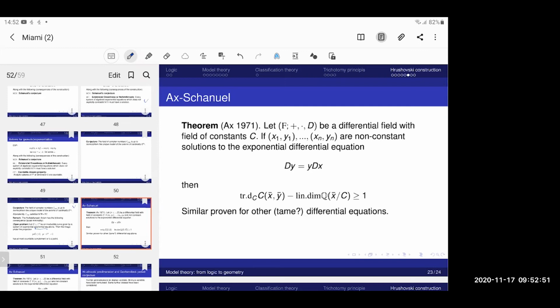So instead of exponentiation, of course, we talk about solutions of this equation, which obviously is a differential equation for exponentiation, modulo constants. And then what Ax proved is this kind of Hrushovski inequality.